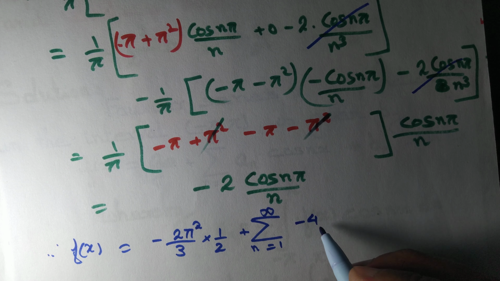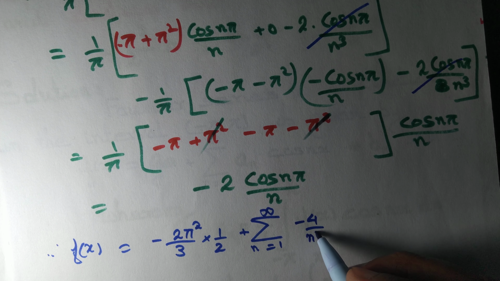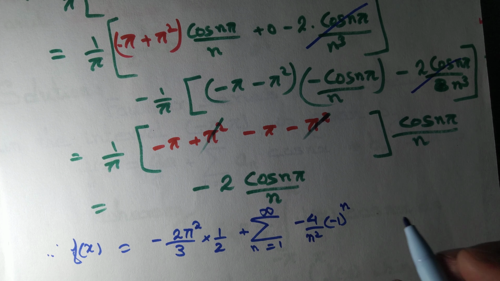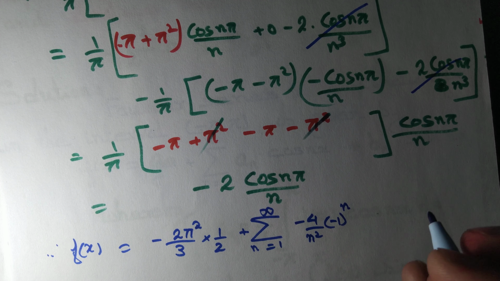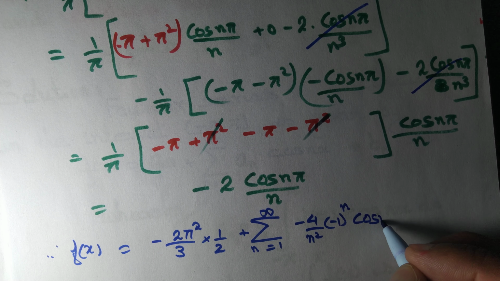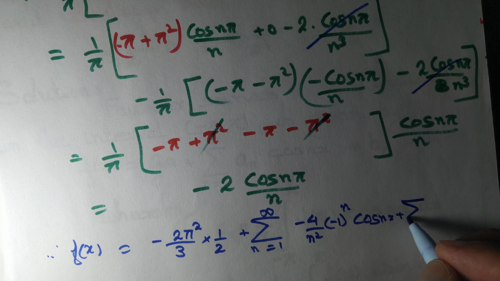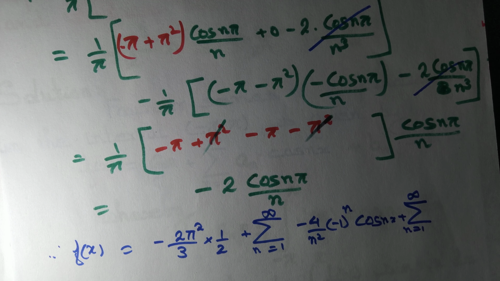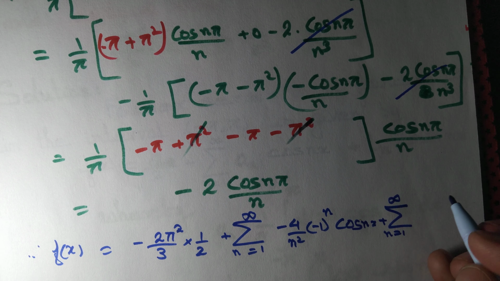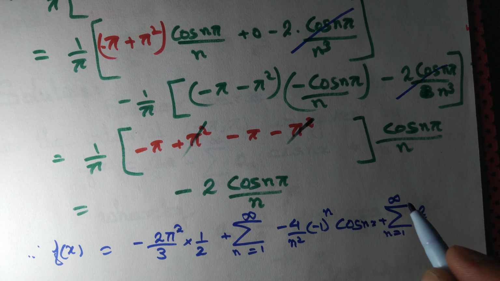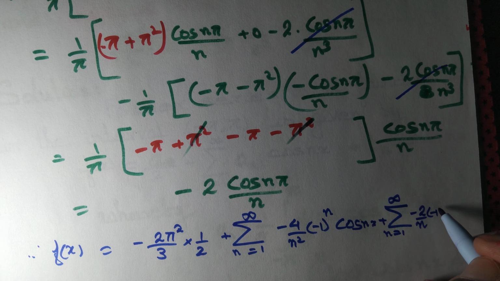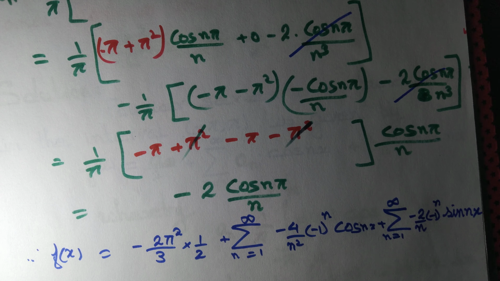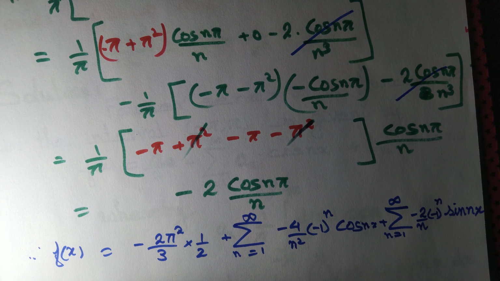So minus 4 by n square into minus 1 to the power n, cos nx, plus n goes from 1 to infinity, bn is minus 2 by n, cos n pi is minus 1 to the power n, sin nx. Of course, f(x) equal to x minus x square.